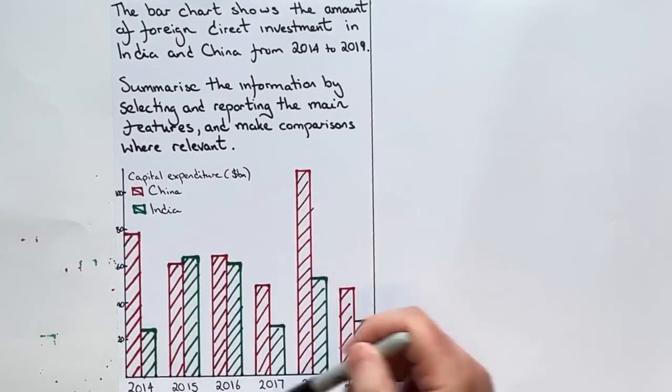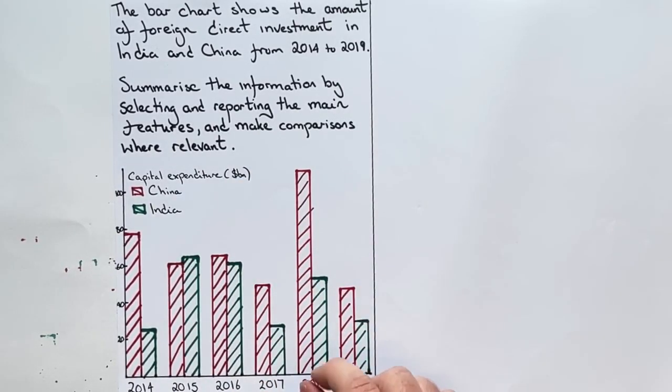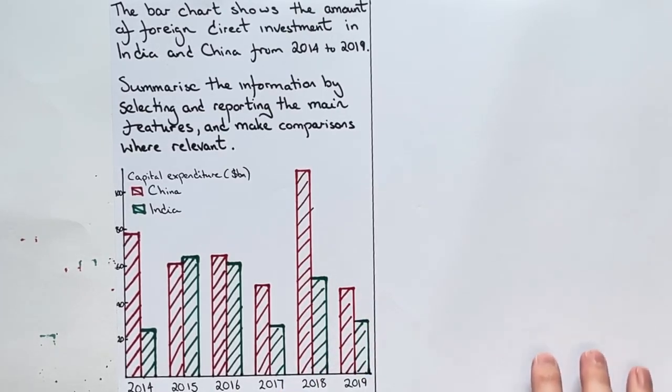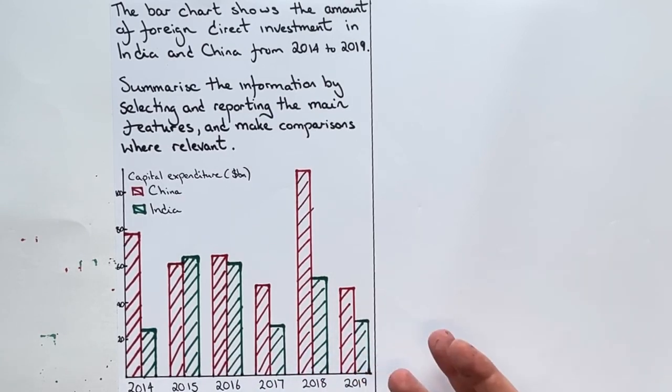So the next thing we need to think about, and this is important not only for understanding the data, but for what you are going to write about, is what is the person who made this chart? So this is a real chart. It comes from the Financial Times. The person at the Financial Times who put this together, what are they trying to show you?